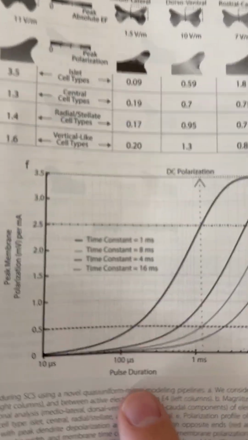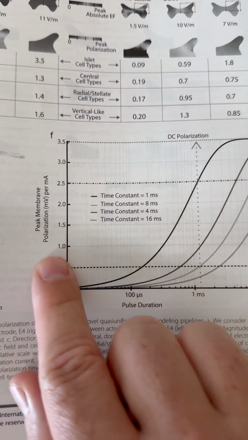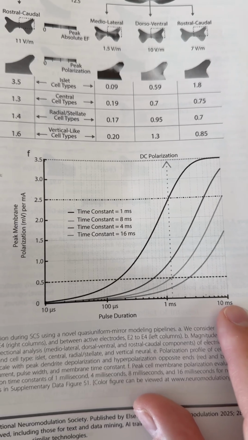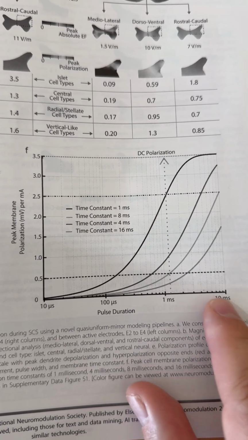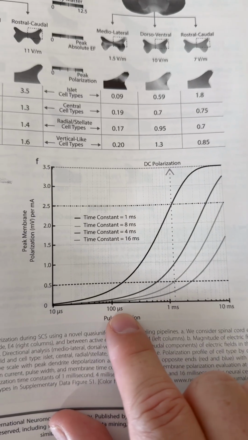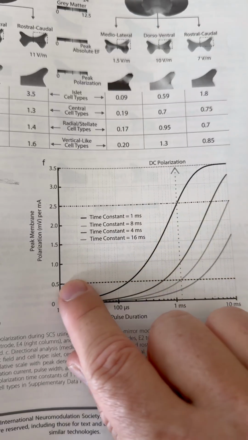And here we're looking at the pulse duration. And we're asking how much polarization do you get as a function of pulse duration? And you can see here that as the pulse durations decrease from 10 milliseconds, 1 millisecond, and now getting into more typical SCS domains of 100 microseconds, the peak polarization that you see decreases.